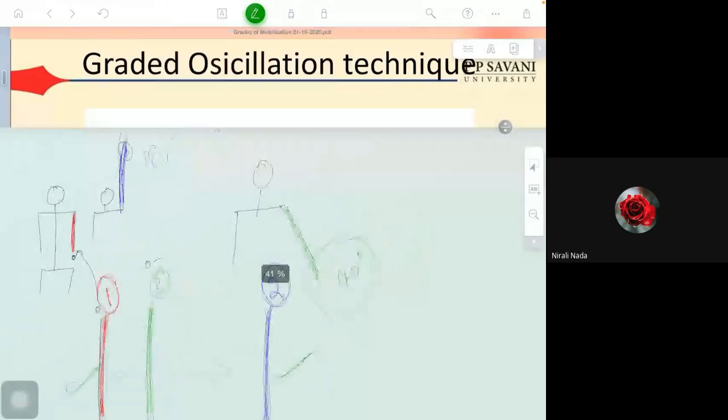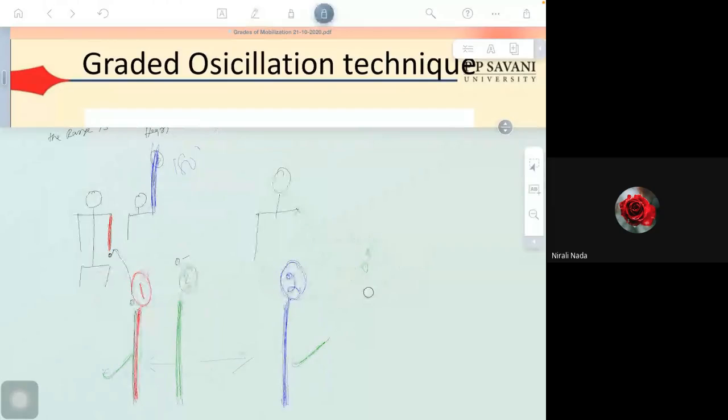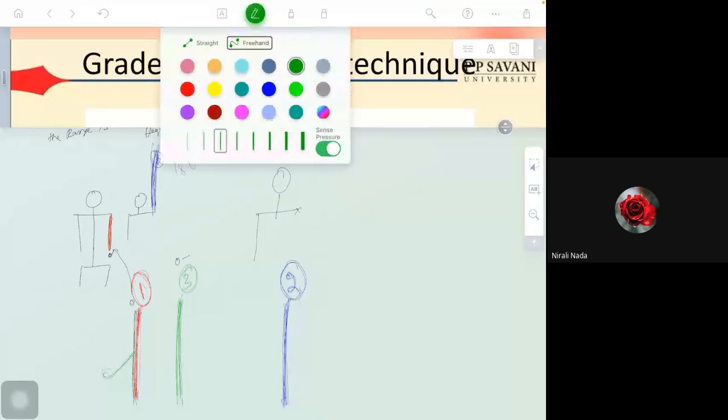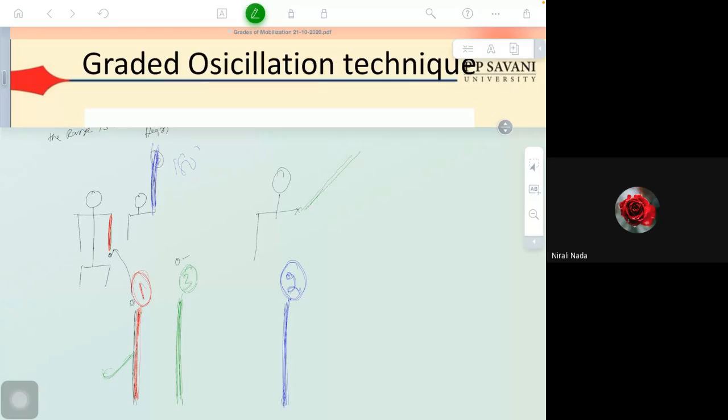Last example, I'll give another example. Imagine a patient is having 120-degree range of motion. 120 will be somewhere here. This is 120-degree range of motion, the available range of motion. So now the line will be closer to full range of motion.